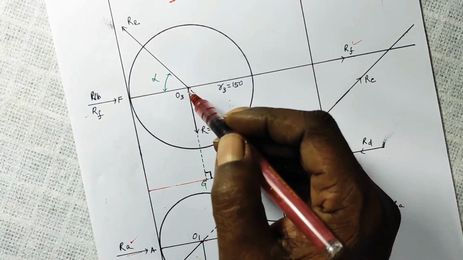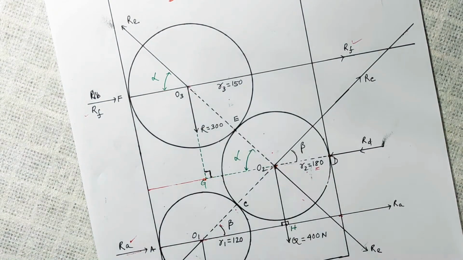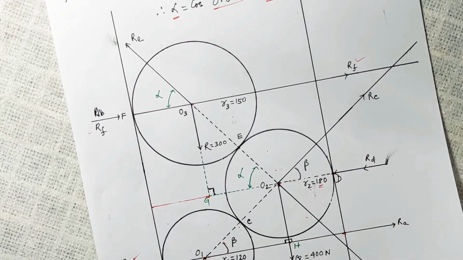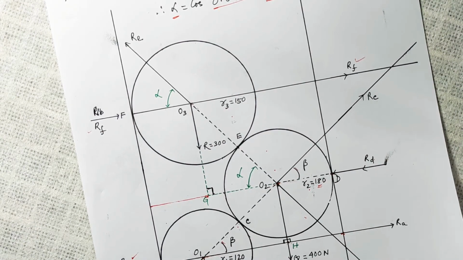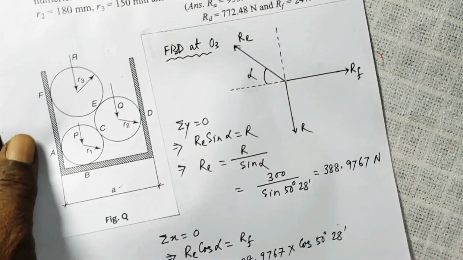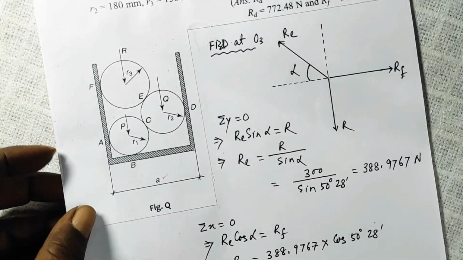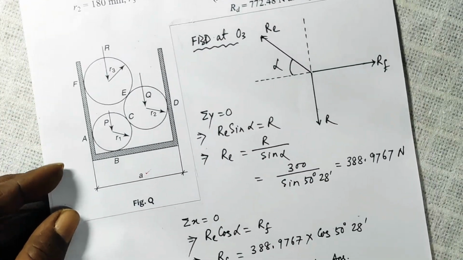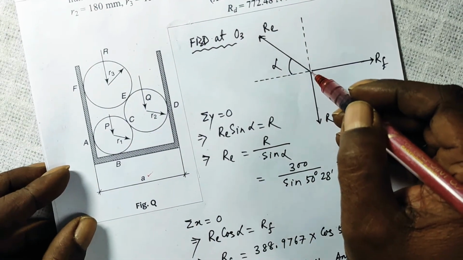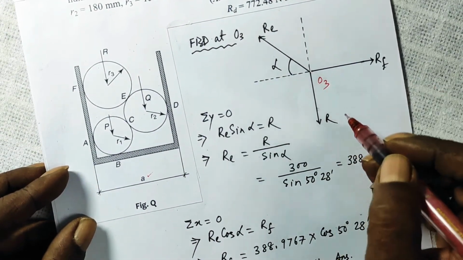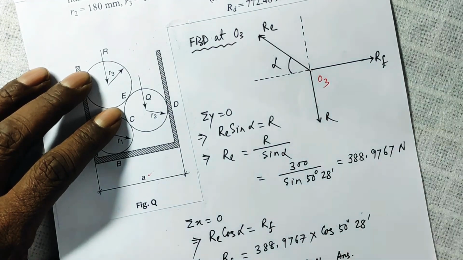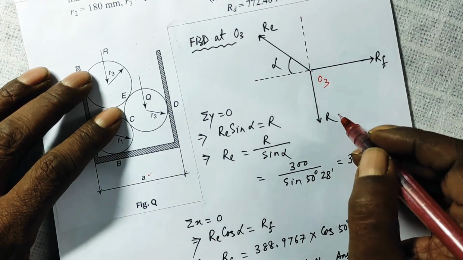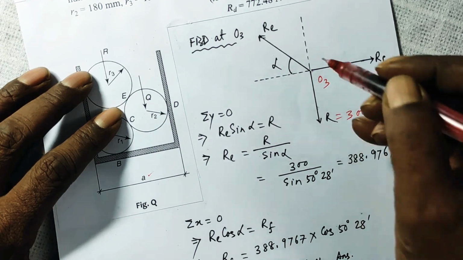So let us draw the free body diagram at O3, resolve the vectors into rectangular components, and apply sigma x and sigma y equal to 0. So that is what I have shown here. So free body diagram at O3. This point is O3. I just showed you how RF is to this side. R was given as 300.